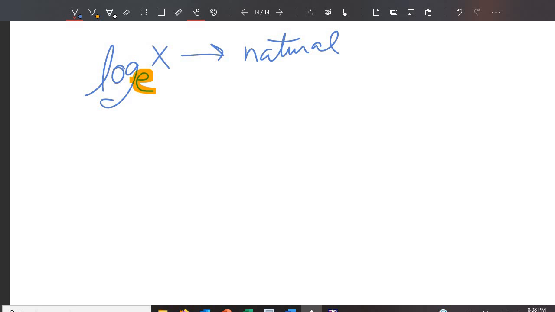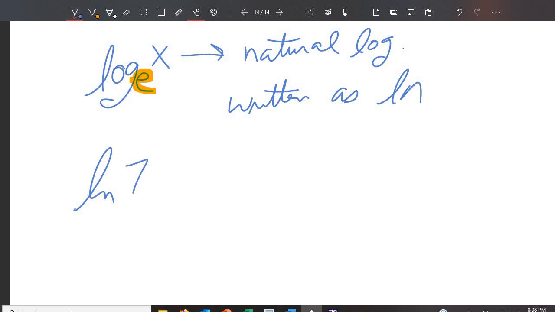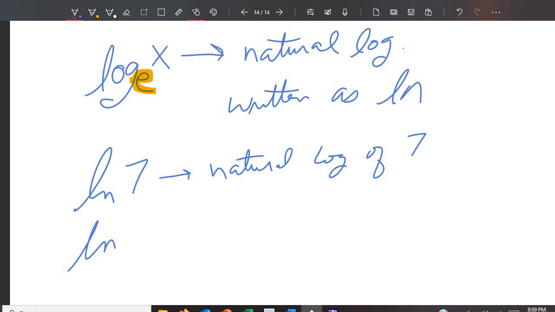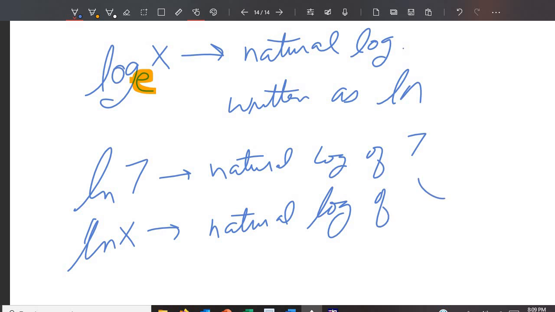E is called a natural base, and it's written as ln, such as this, ln 7. That's read natural log of 7. If I had ln of x, that would be the natural log of x.